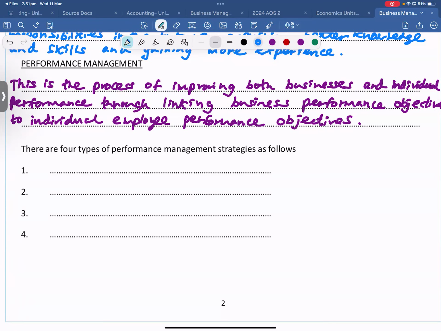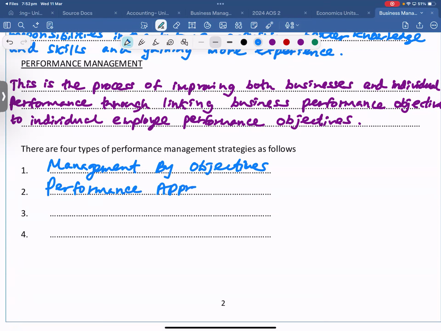Right. There are four types of strategies. Management by objectives. Then performance appraisal. Then self-evaluation.